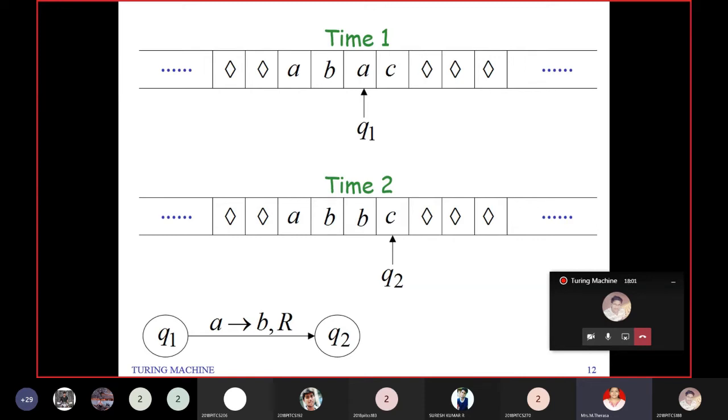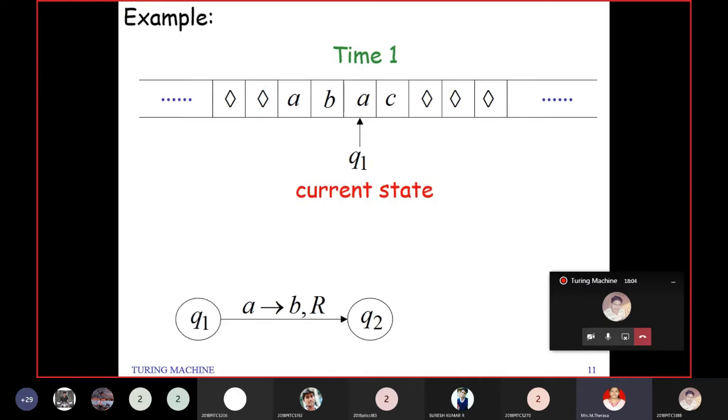So the right symbol is C. Look at here. Previously it was A, B, A, C and the state is Q1.